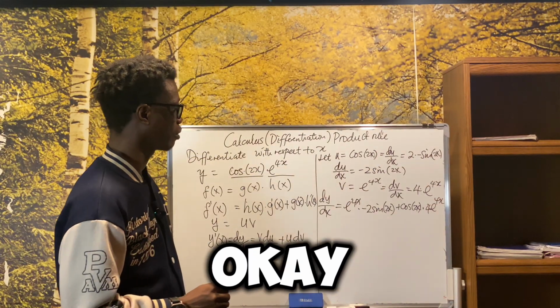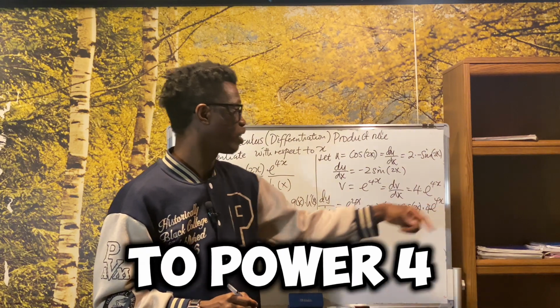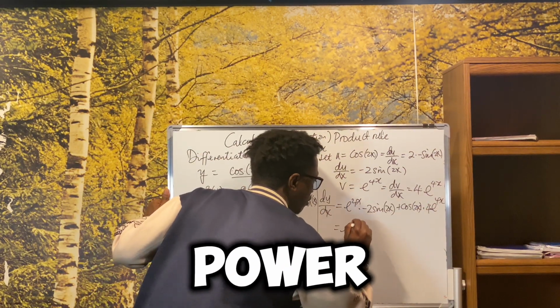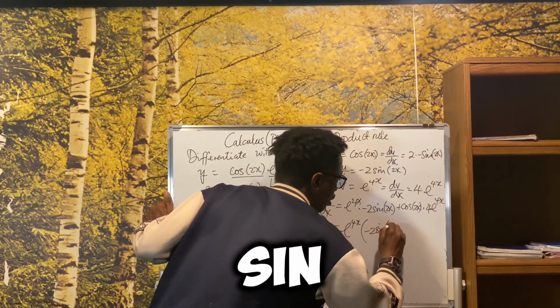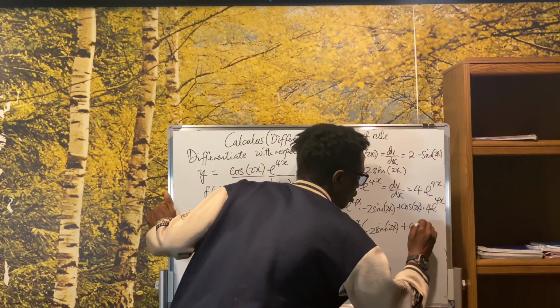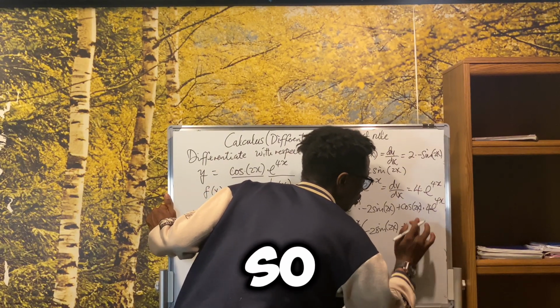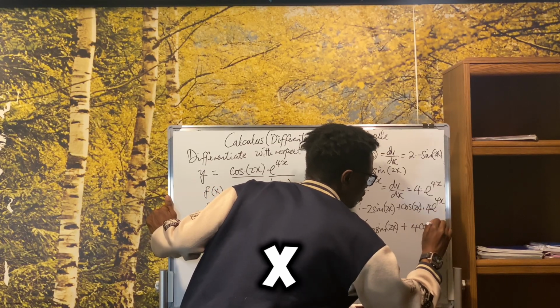Okay, now once you have that, you have e raised to the power 4x, e raised to the power 4x here. So you factor that. If you factor e raised to the power 4x, what remains here is minus 2 sine 2x. Then this becomes plus cos 2x. Sorry, so I have 4 here. So that becomes 4 cos 2x, right?